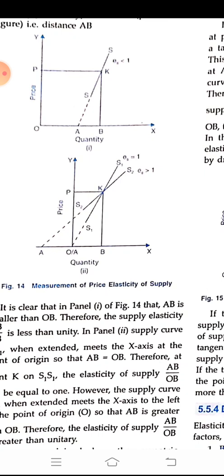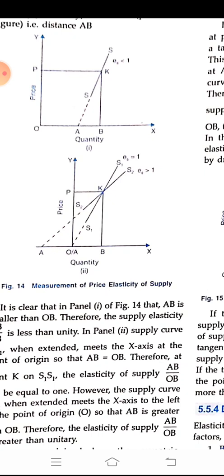Wherever they are touching, like AB divided by OB, they take the part first and then the whole below. The part will come at the top and the whole will come at the bottom.